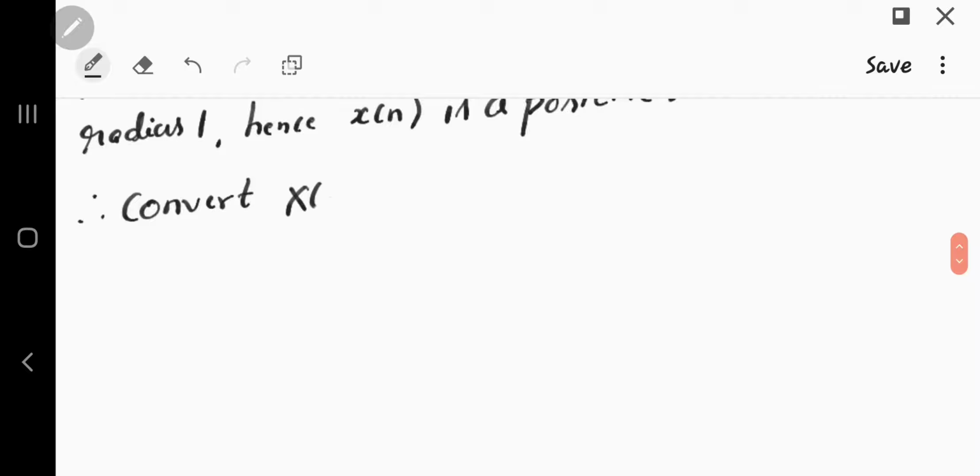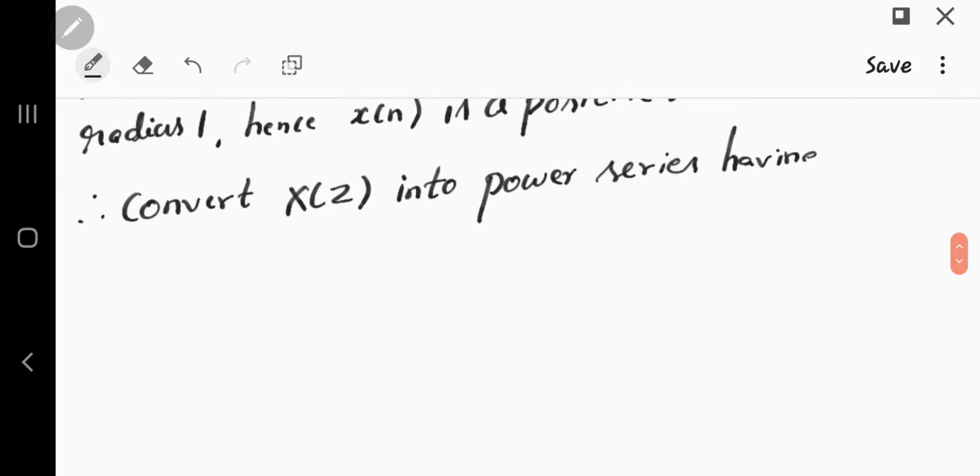So let's see. After this, mention a point here. Therefore, convert x of z into power series having only negative powers of z.